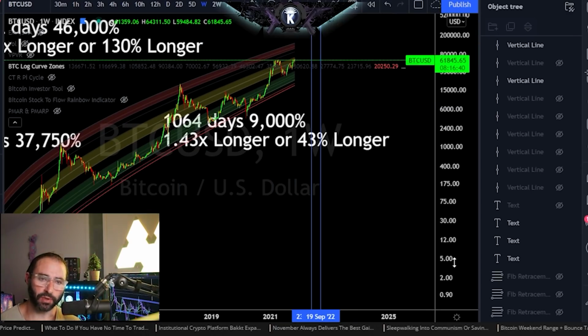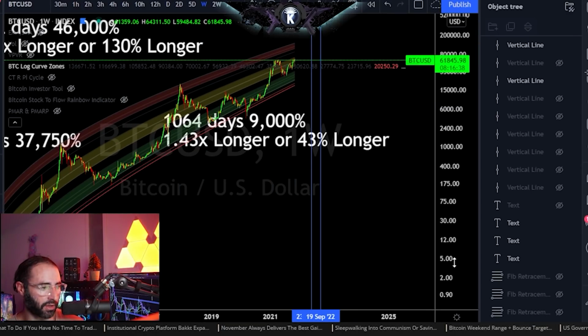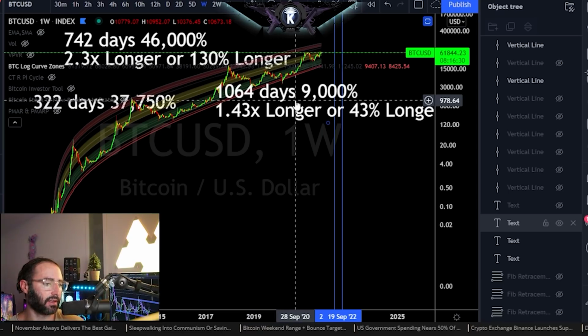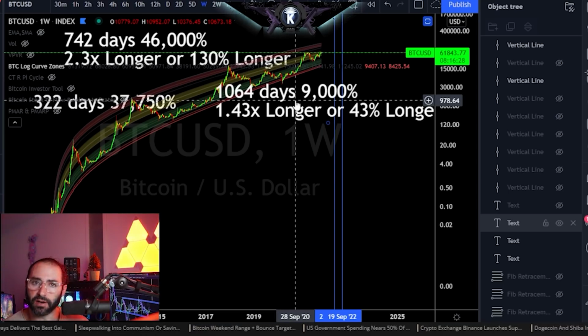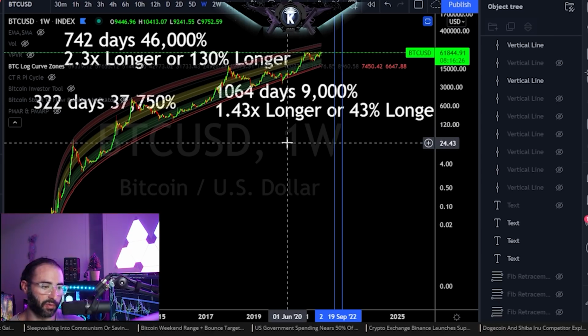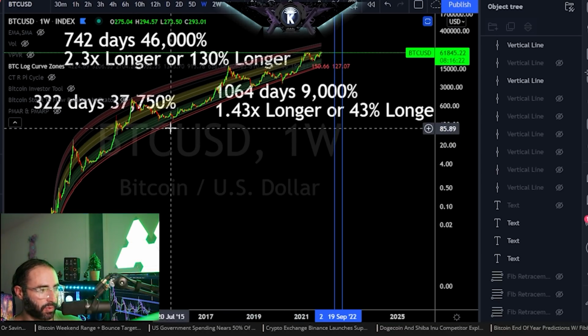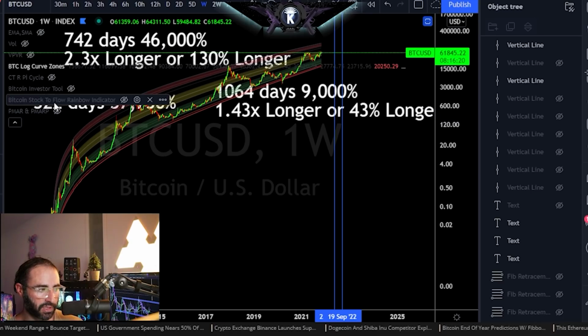A quick change of clothes here, as I had a sauna thought and I wanted to expand on exactly where I would estimate, given this information, given this data, the potential end of this cycle may be. So here are the assumptions. Again, we have our first cycle, 322 days.